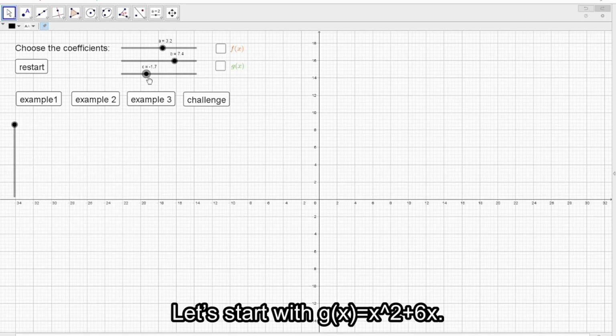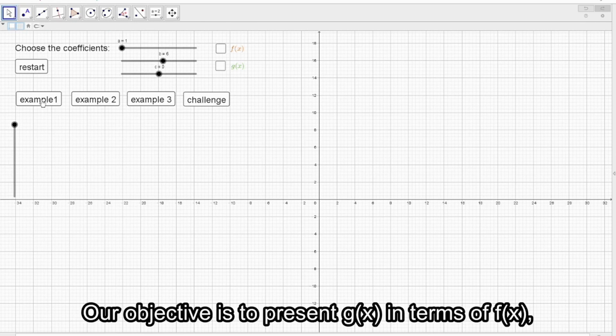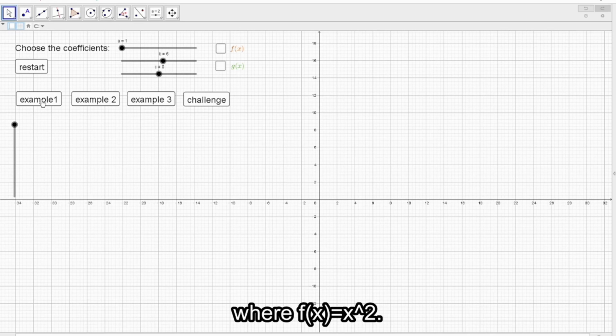Let's start with g of x equal to x squared plus 6x. Our objective is to present g of x in terms of f of x, where f of x is equal to x squared.